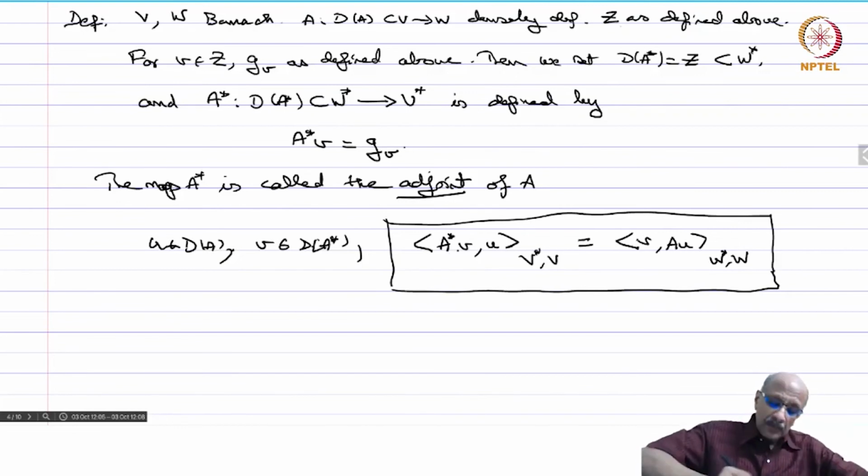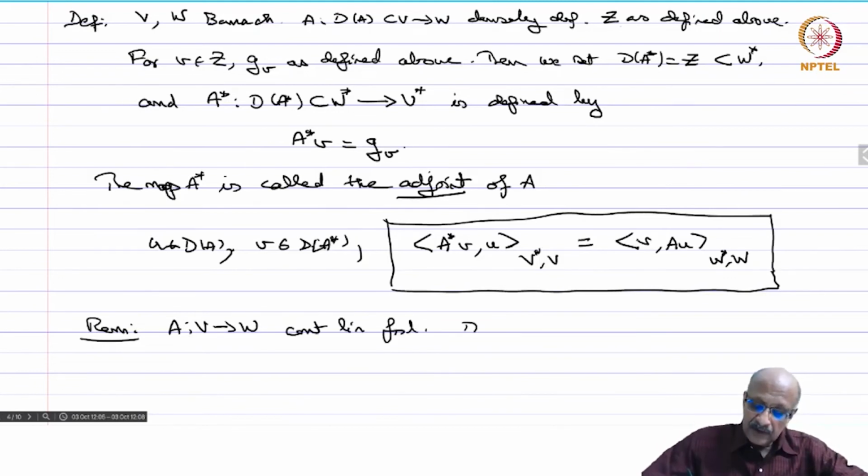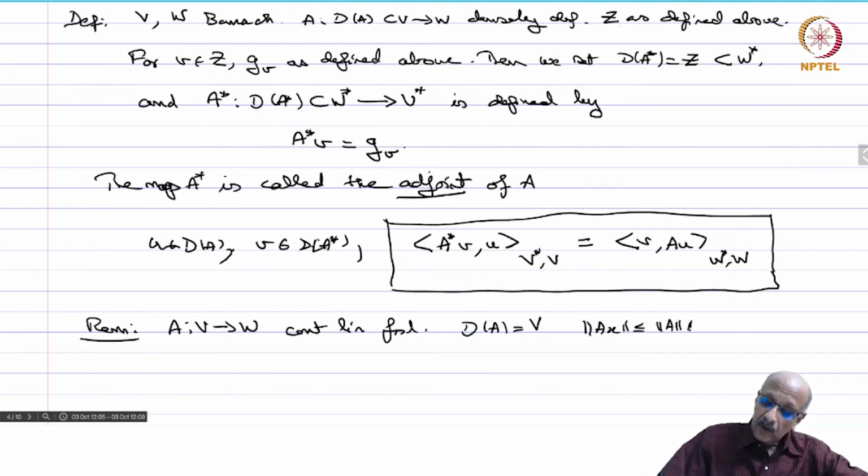So let us briefly look at continuous linear functionals. Remark: suppose A from V to W is a continuous linear operator. That means D of A is all of V and the norm of Ax is less than or equal to the norm of A times the norm of x.